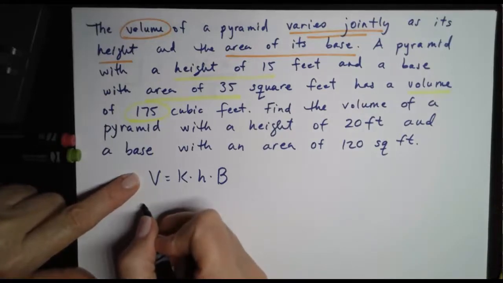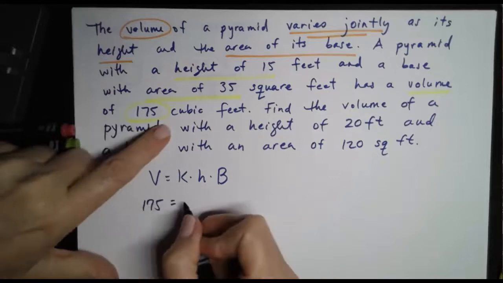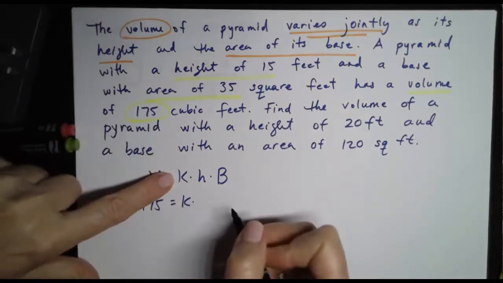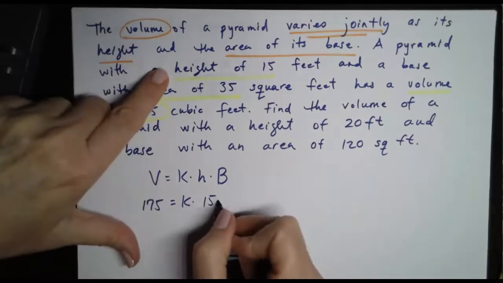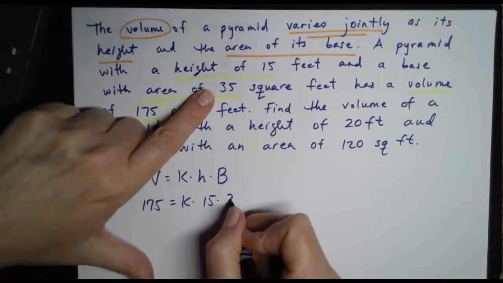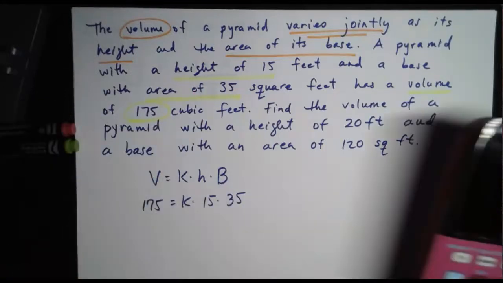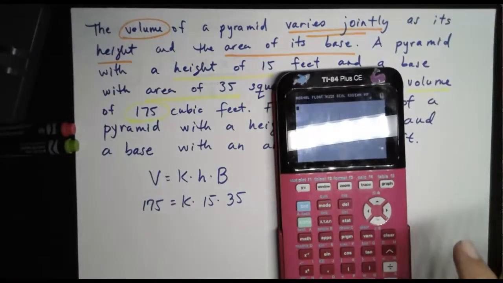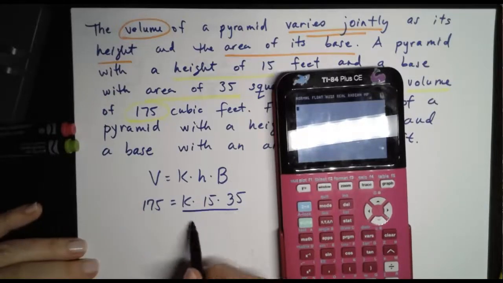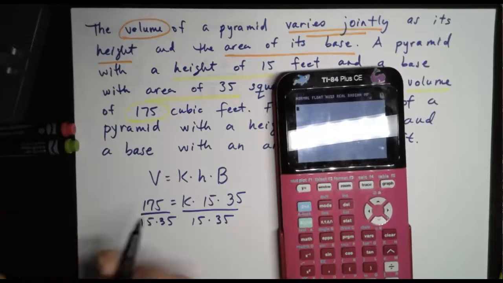So volume is 175. The constant of variation, K, is unknown. I want you to solve for that first. The height is 15. The area of the base is 35. So what is our constant of variation here? So if we calculate this, first of all, we just need to divide by 15 times 35.